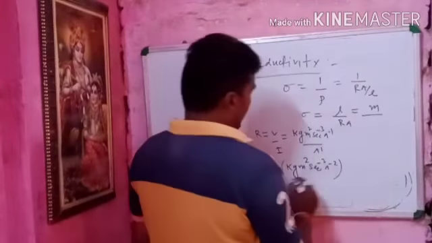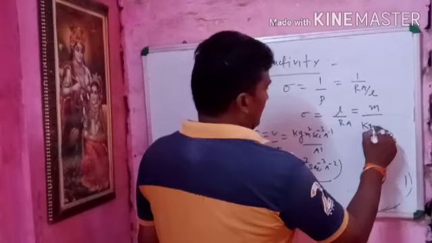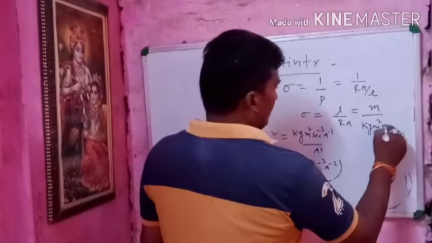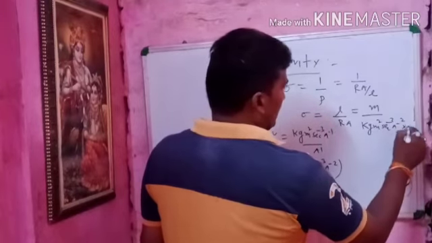And we put the value of resistance in terms of derived units, kilogram meter square second minus 3 ampere minus 2, into meter square.